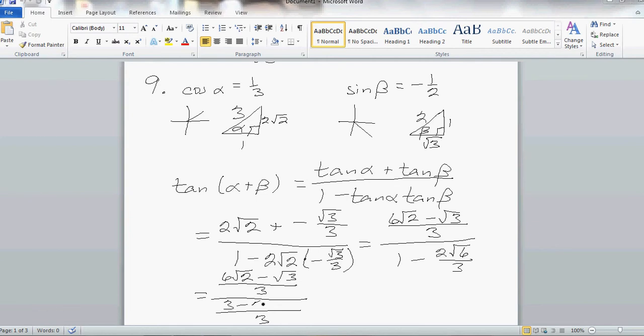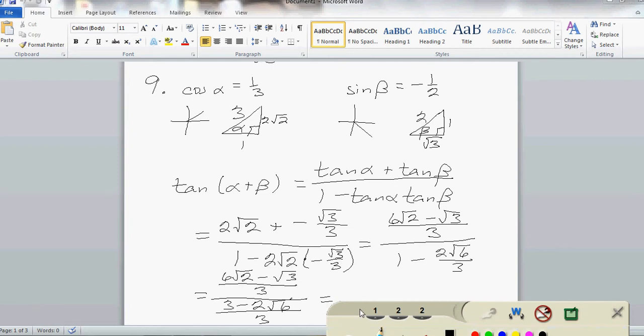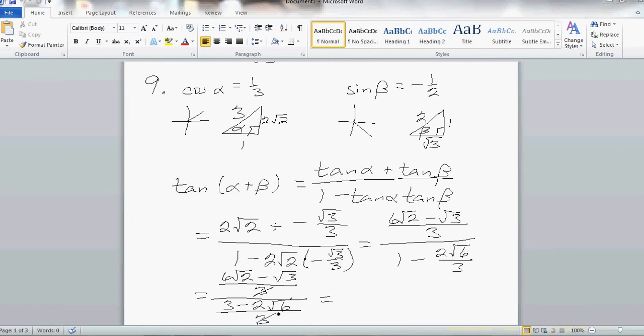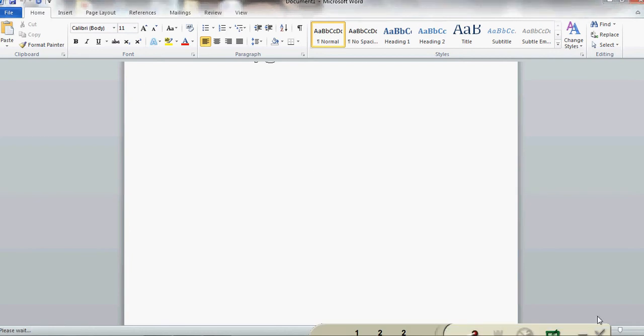Now it'll be 3 minus 2 root 6. And so the 3's cancel each other out, and so we're left with 6 root 2 minus root 3 over 3 minus 2 root 6. And normally we don't like this, but if this has an addition or a subtraction, I will let it pass, and so this would be the final answer.